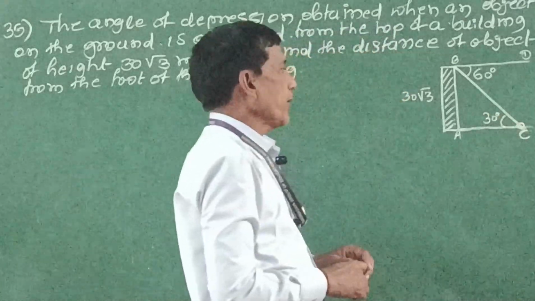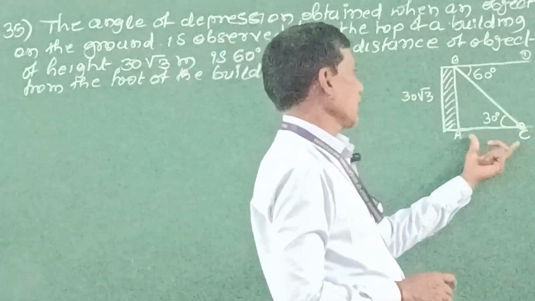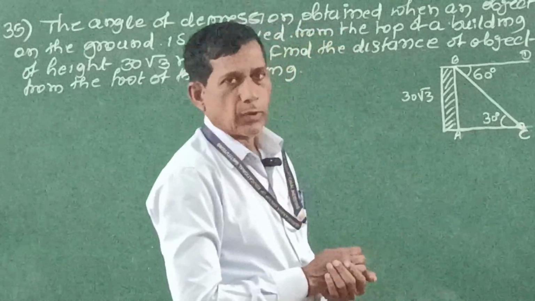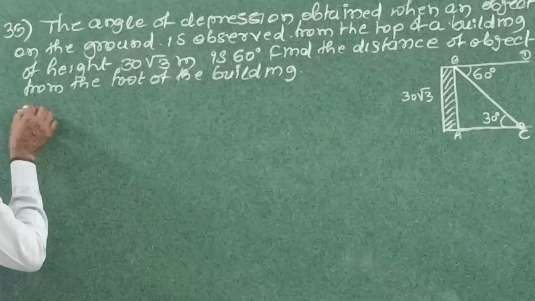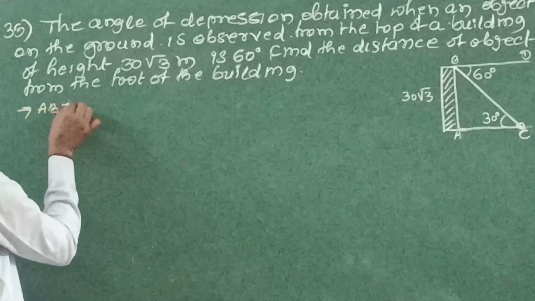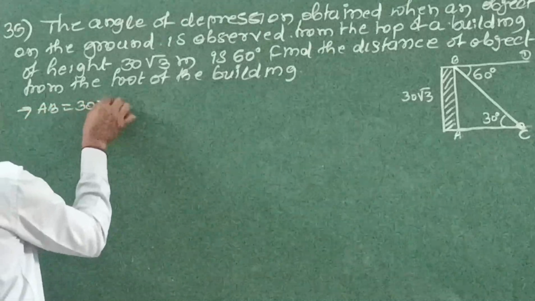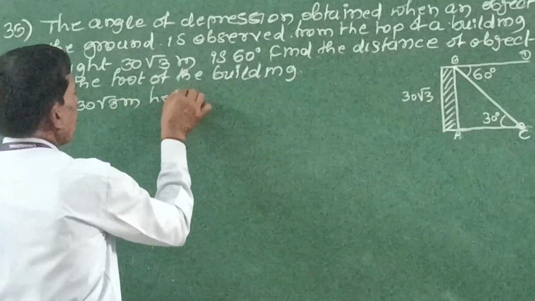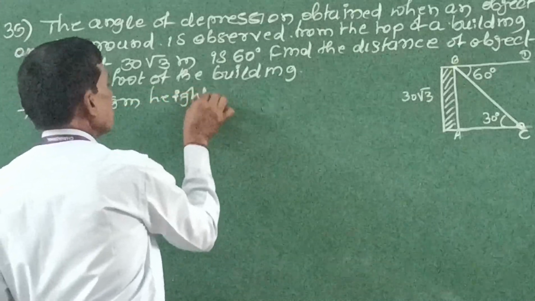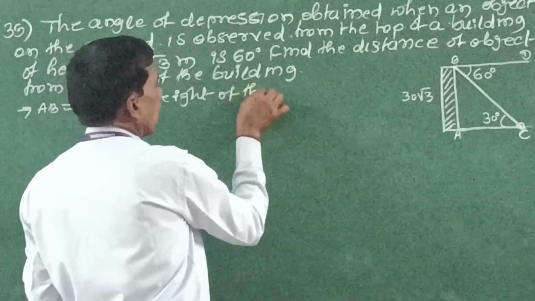And the question: find the distance of the object from the foot of the building. Therefore AB equals 30 root 3 meter, the height of the building.